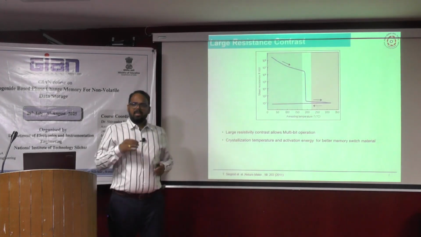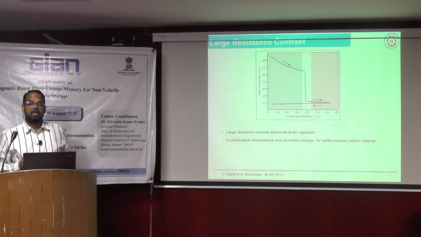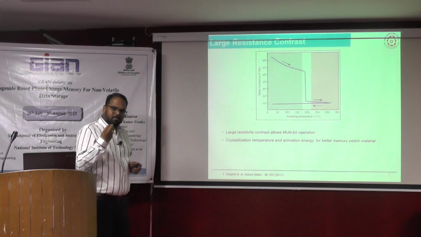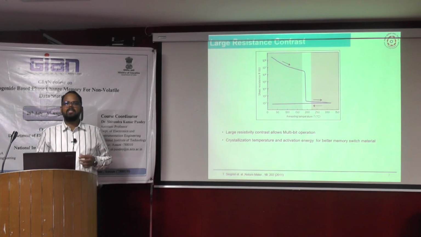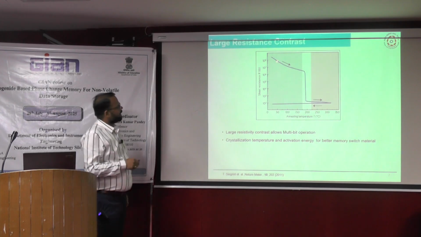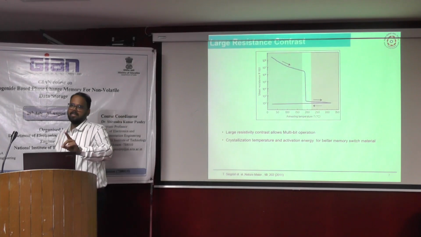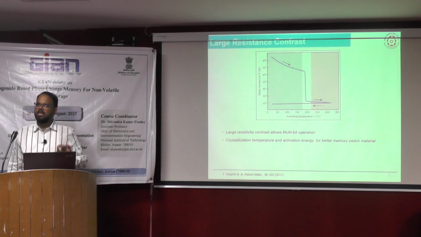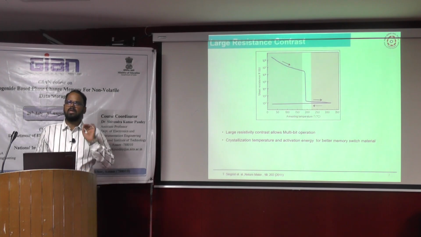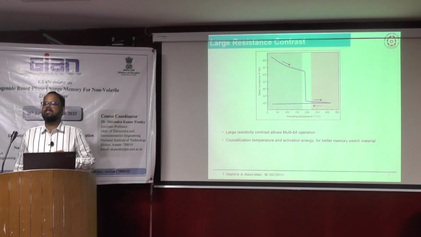One of the important things to get a multi-bit resistance, when we start with any material, is that we need to identify the resistance contrast. This is the first thing. If you are doing research, when we start with any material, that material should show a large resistance contrast. If it shows a large resistance contrast, then we can figure out multi-resistance states.